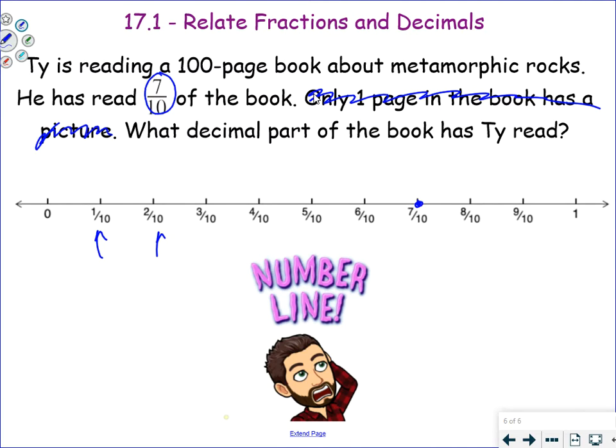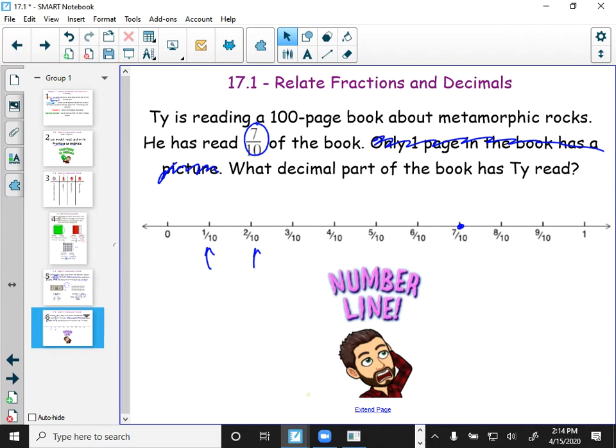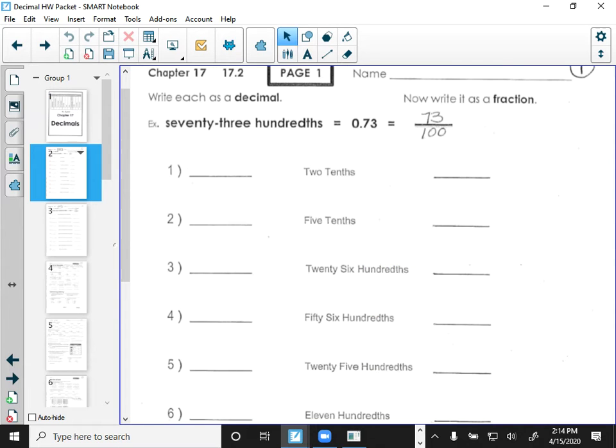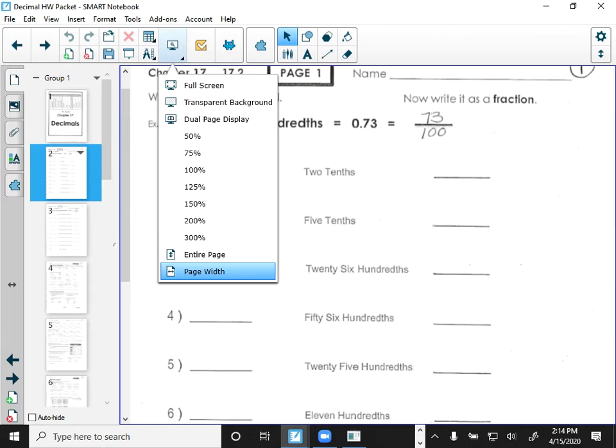There are a couple different ways that you can do this. Today we are working on converting between decimals and fractions from word form. If we can read it, we can do it.